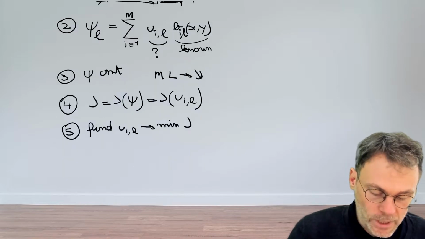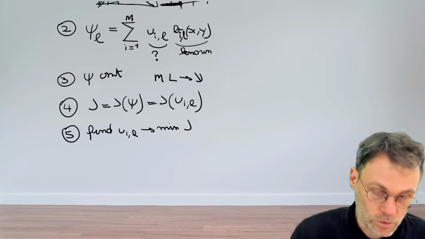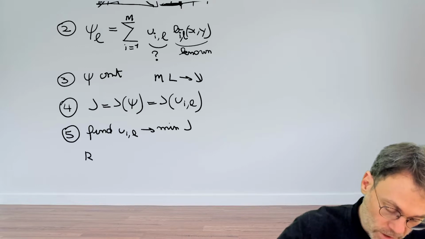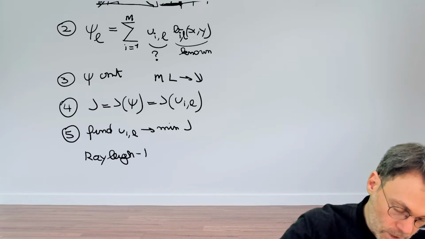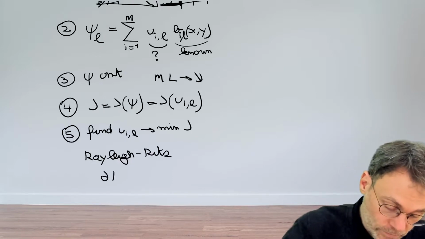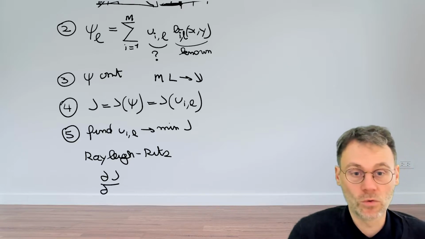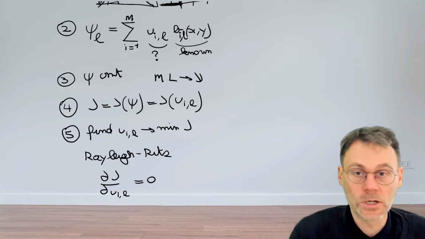How do you do this in practice? Well, you do basically the obvious thing, which is what's also called the Rayleigh-Ritz method. What these guys did is simply take the partial derivative of the quantity you want to minimize with respect to your unknown coefficients, and then you put them equal to 0.